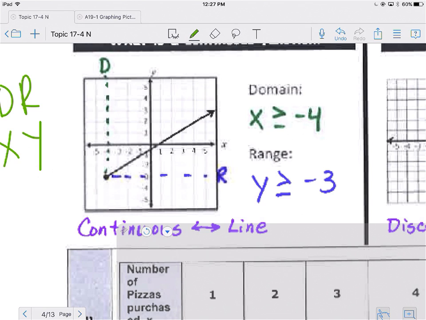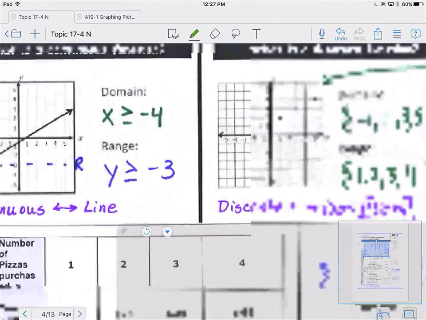Now it's important to remember, one endpoint means one inequality, but you have to figure out the direction that it goes in. We will see one later that has two endpoints, and I will remind you what to do with that. But here we have one endpoint, so we have to figure out, are my x's getting bigger or smaller? And as I go up, are my y's getting bigger or smaller?